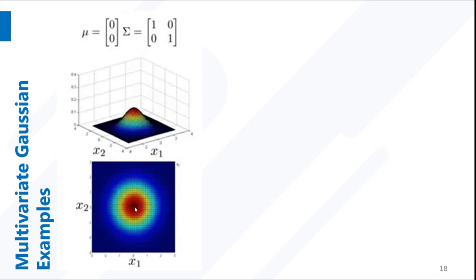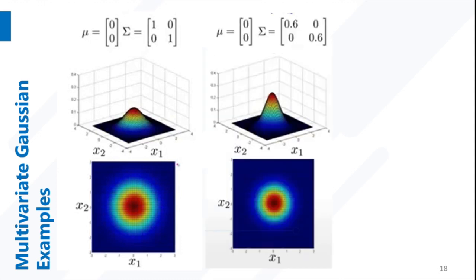At the center, the probability is high, and at the outer skirt, the probability is low. So if you manipulate the variable, for example, instead of 1, 1, if I put 0.6, 0.6, reducing the variance value, it becomes stiff, and the width becomes lower, like this one.